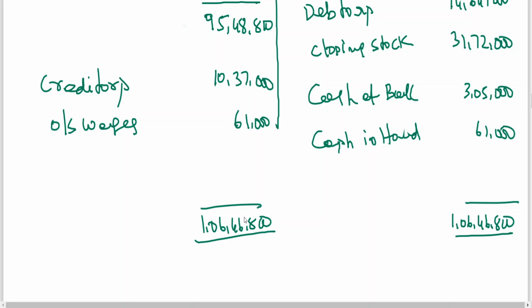Even for doing this problem, I told you, you also can go for the same problem as non-integral foreign operation. What is the difference you should do? Only the fixed assets you should take at closing rate, and you can work out.